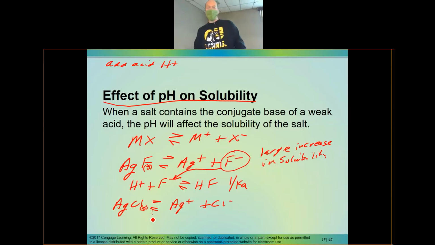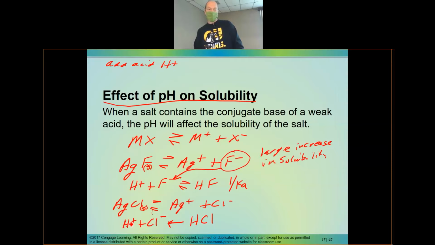If we do the same reaction down here, and we have our H plus and Cl minus, and that forms, of course, HCl, you have to recognize that HCl is a strong acid, and this goes 100% to the left. 0 is going to the right. So this Cl minus is not reacting with the H plus.